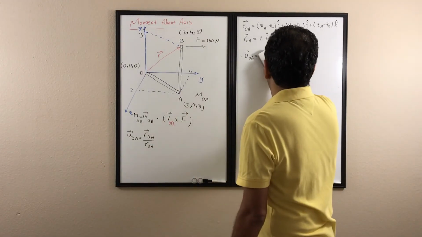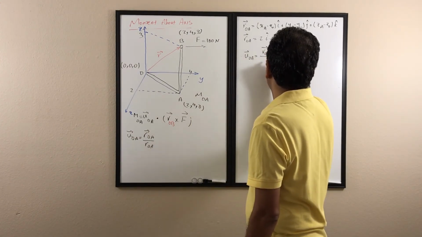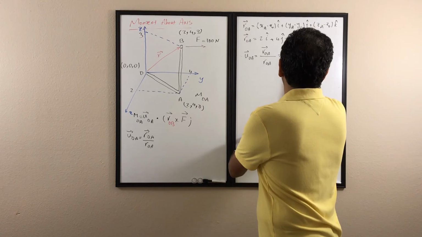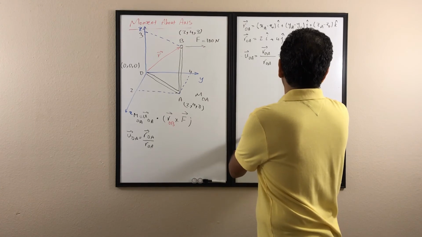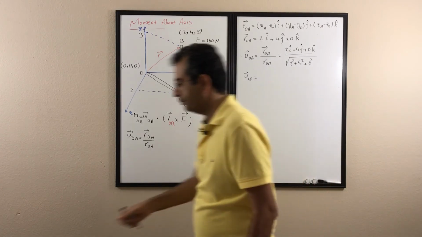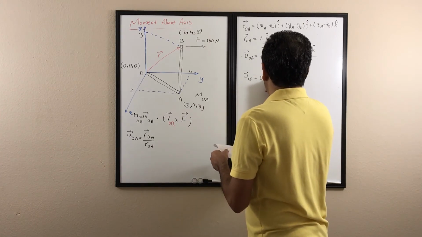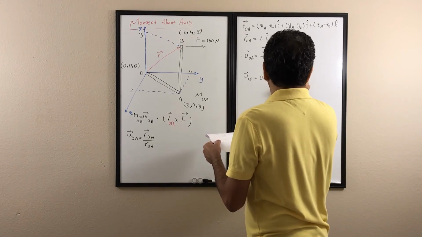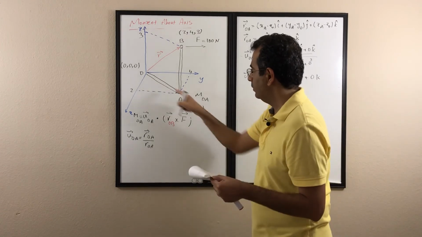So it's going to be 2I plus 4J plus 0K divided by the square root of 2 squared plus 4 squared plus 0 squared, and then the UOA would be 0.447 I plus 0.894 J plus 0 K. So that is the unit vector along the OA axis.